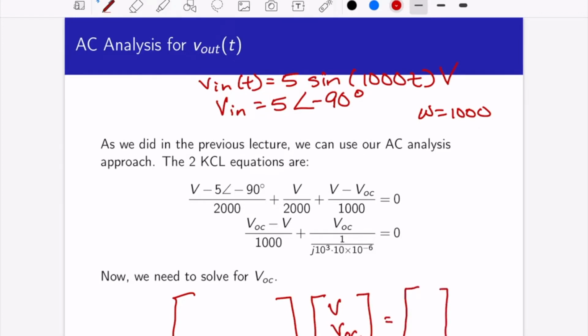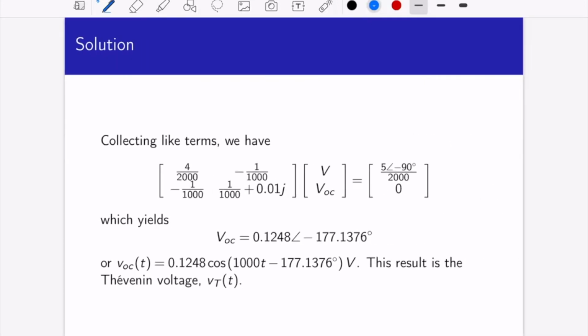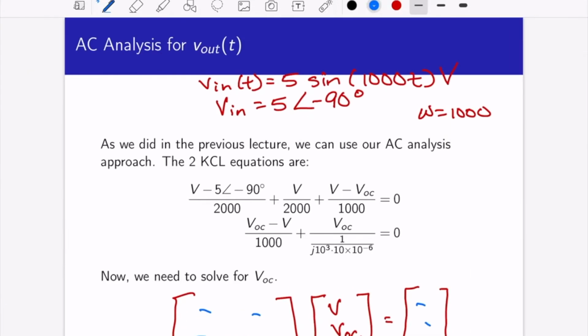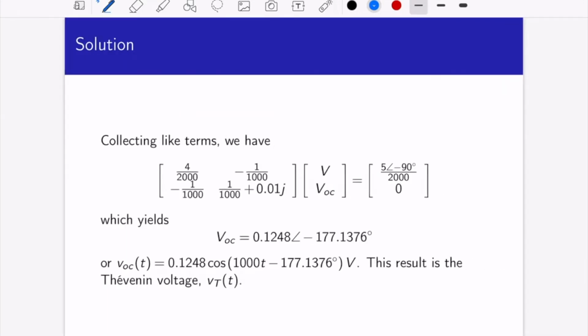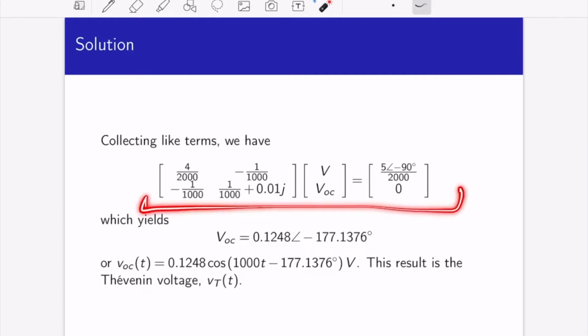So I want you to put in these values to get those equations in matrix form. Okay, so when you simplify those equations, actually, I didn't do a lot of simplifying, but I did a little bit. You end up with this matrix form. Okay, so that is 4 over 2,000 V.